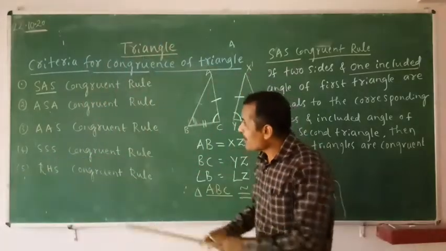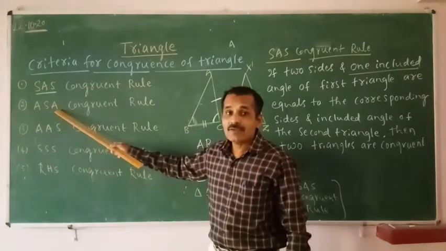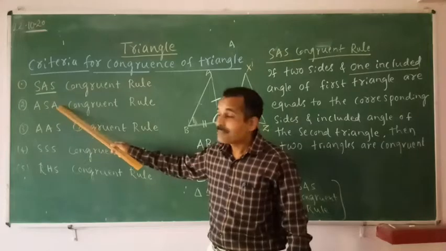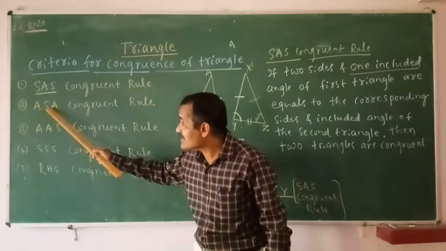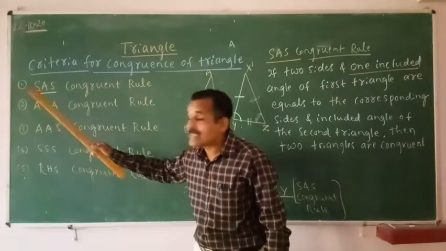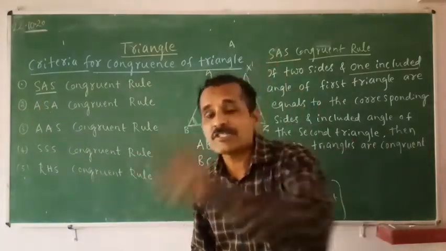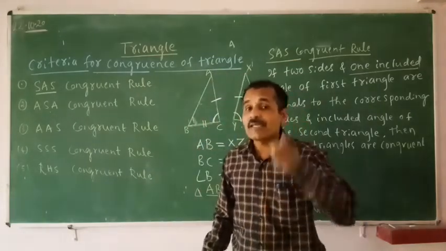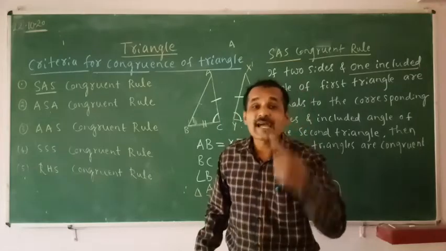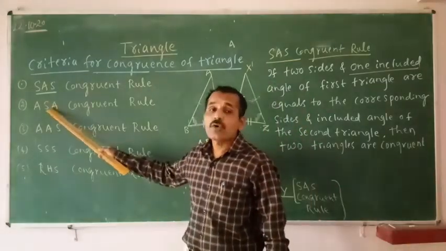Okay, my dear children, now it is easy for you to understand what ASA is. I will tell you orally. Two angles and one included side of the first triangle, if they are equal to the corresponding angles and included side of the second triangle, then the two triangles are said to be congruent.